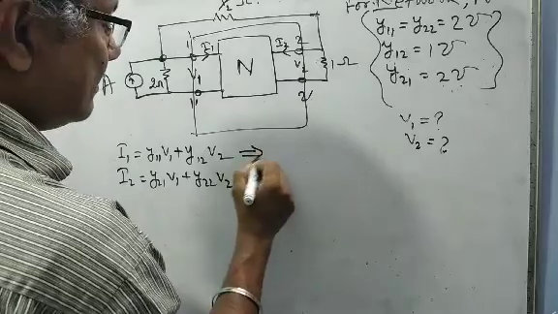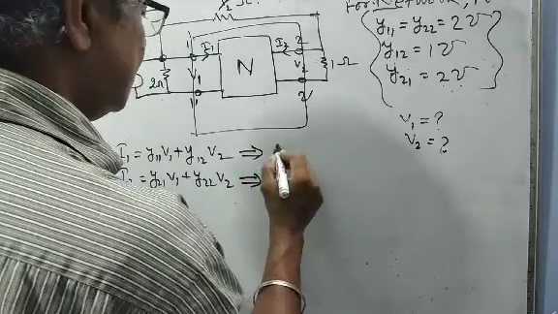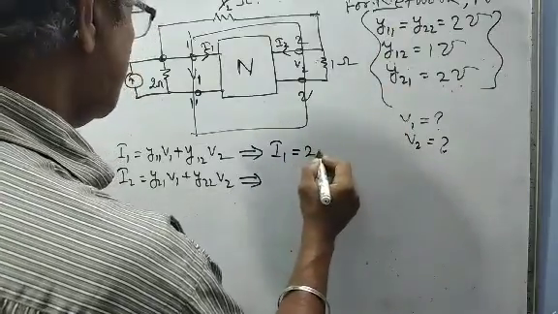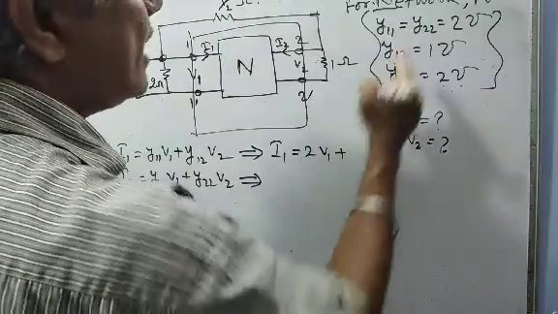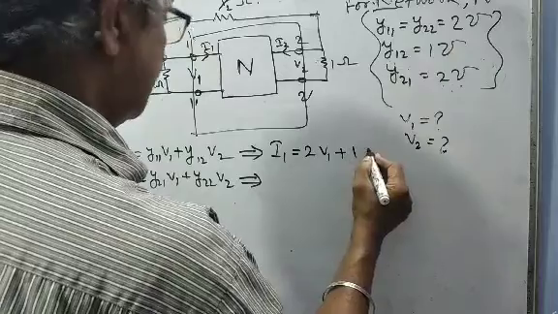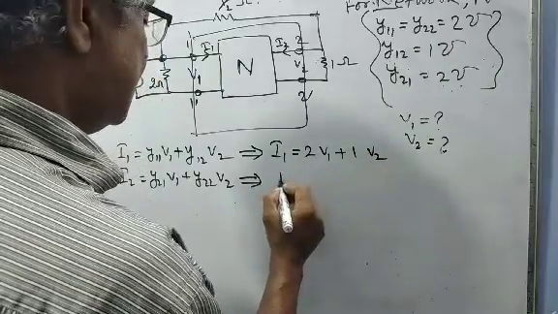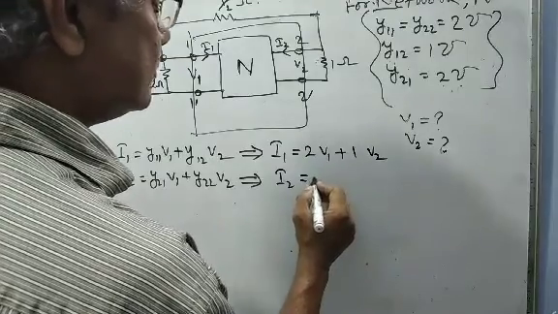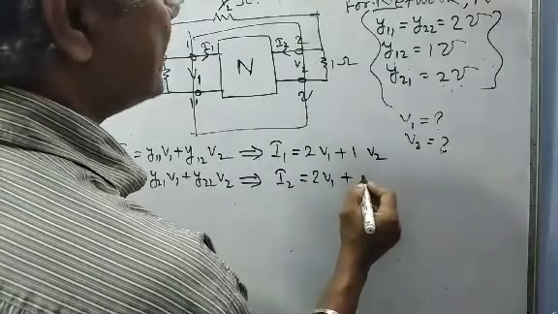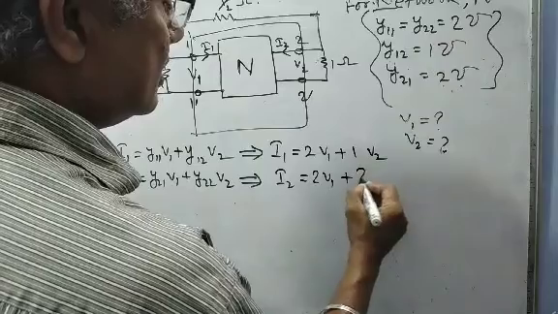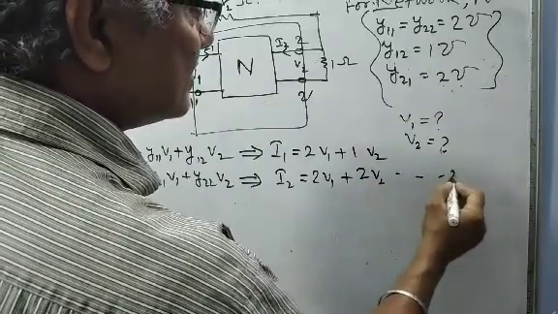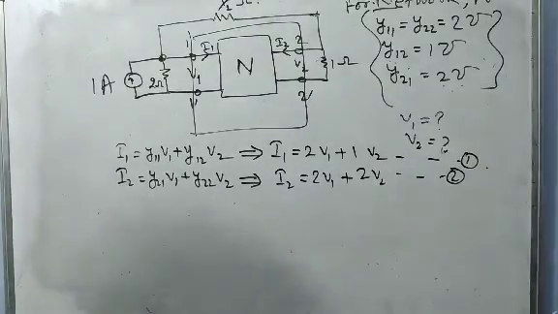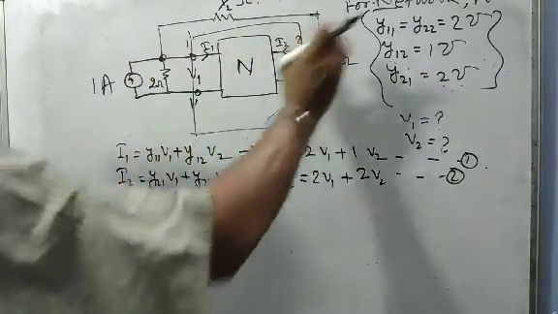So from here, I1 equals, Y11 is 2, so 2 V1 plus Y12 is 1, so V2. Similarly, I2 is Y21, which is 2 V1, plus Y22, which is 2, so 2 V2. So this becomes your equation 2, and this becomes your equation 1, from the network we determine.